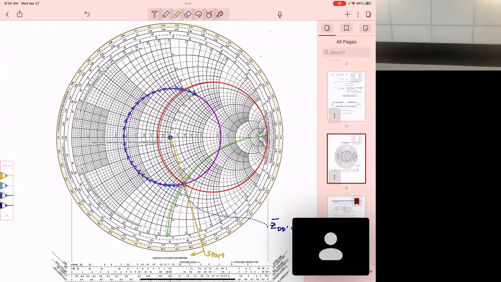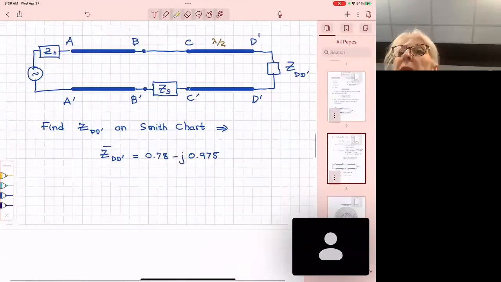Okay, so do you remember what I said? That every time you travel on a transmission line by half a wavelength, the impedances repeat themselves. So I did not really have to do that, but I wanted to do it so I will remind you how to get the impedance and how to move around. But practically half a wavelength, if I knew this, I would not have to go to the Smith chart for that.